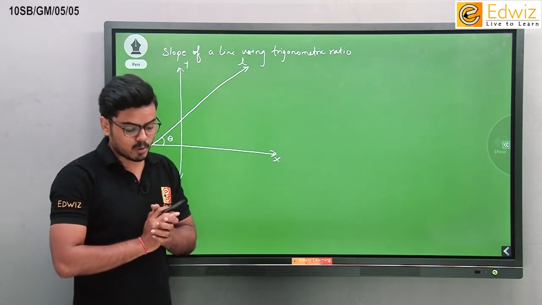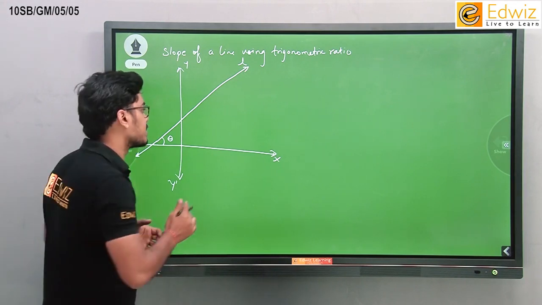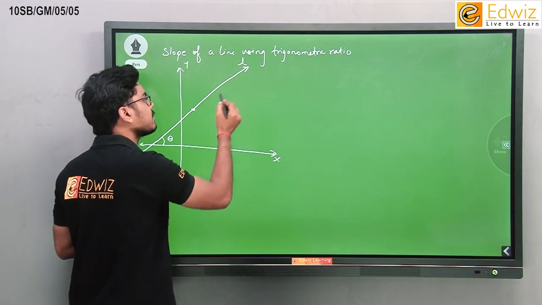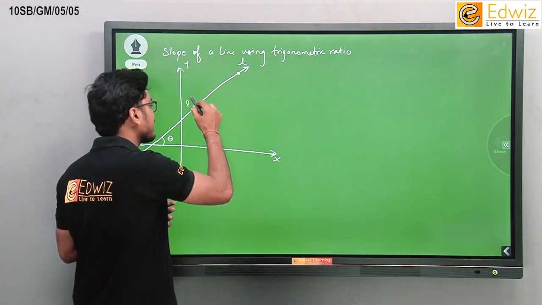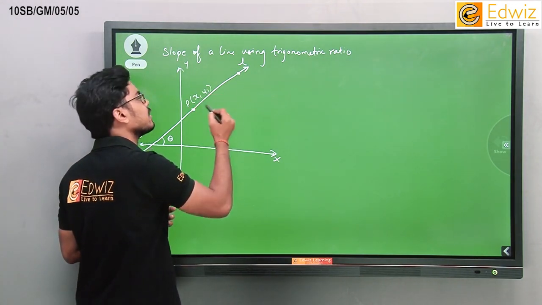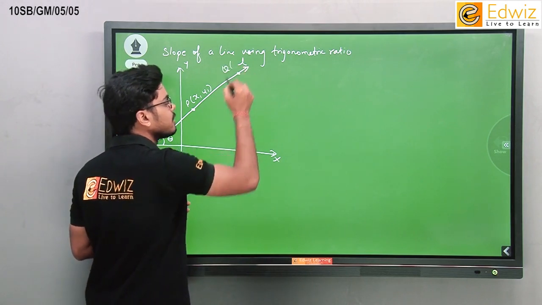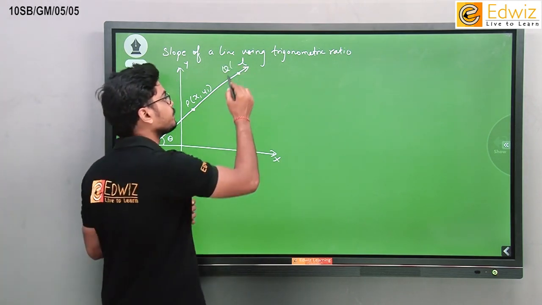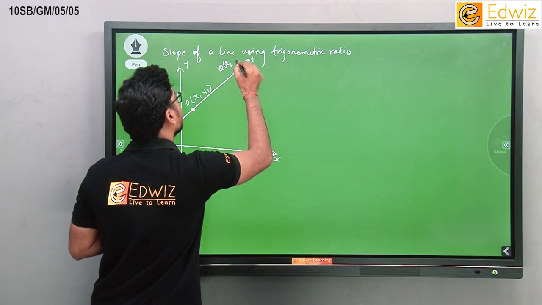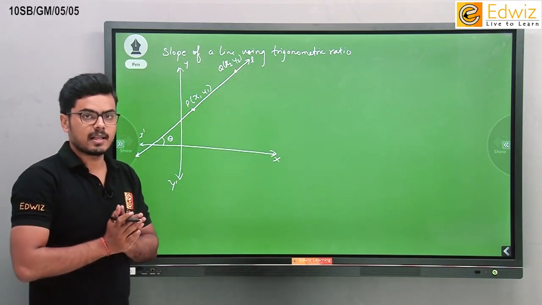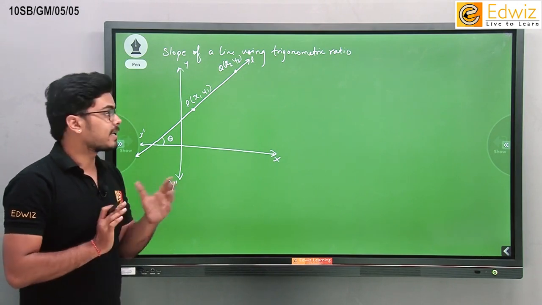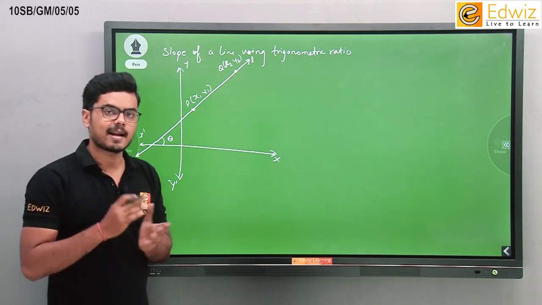On this line, as I told you earlier, I'm going to assume 2 points. So say this is one point and this is one point. One of them I'll take as x1, y1, the other one I will take as x2 and y2. I have to use a trigonometric ratio, so obviously I'll need a right angle triangle.